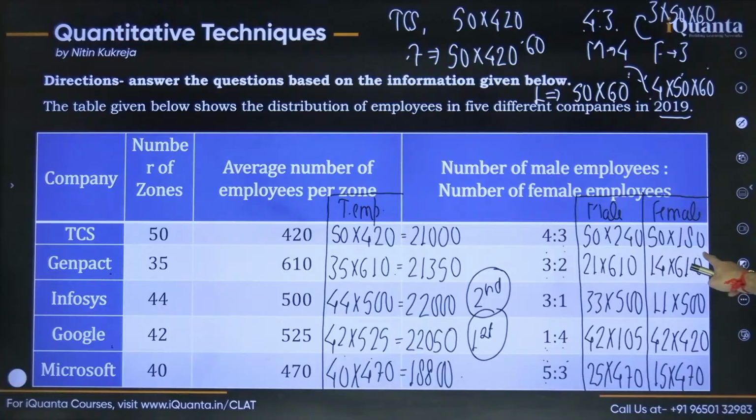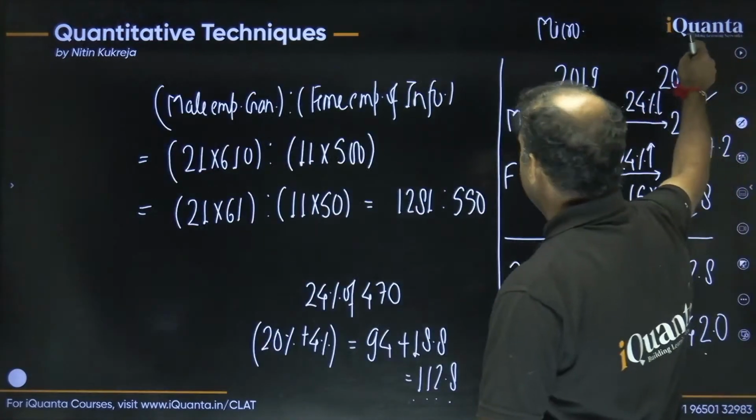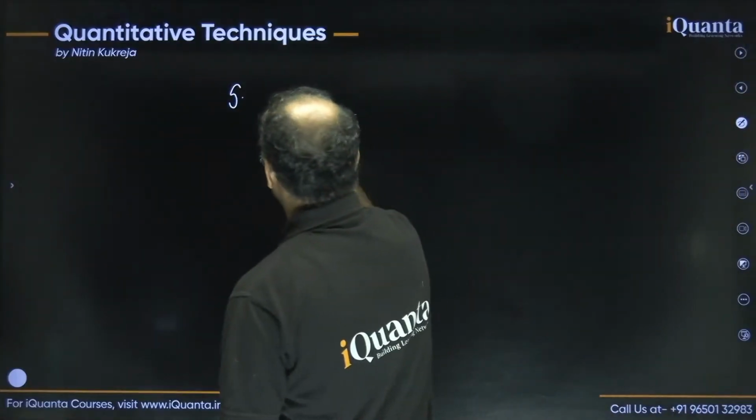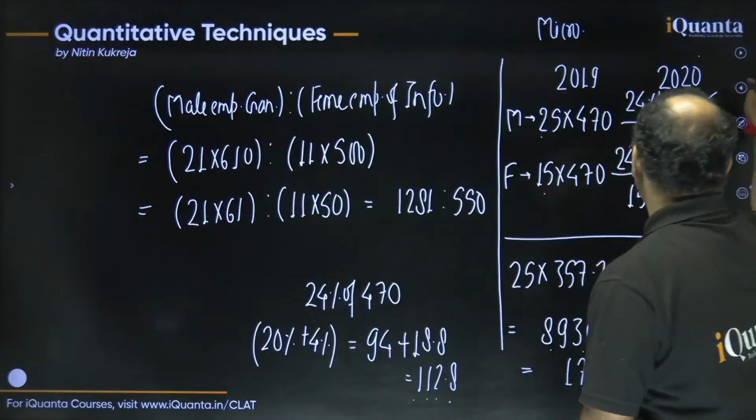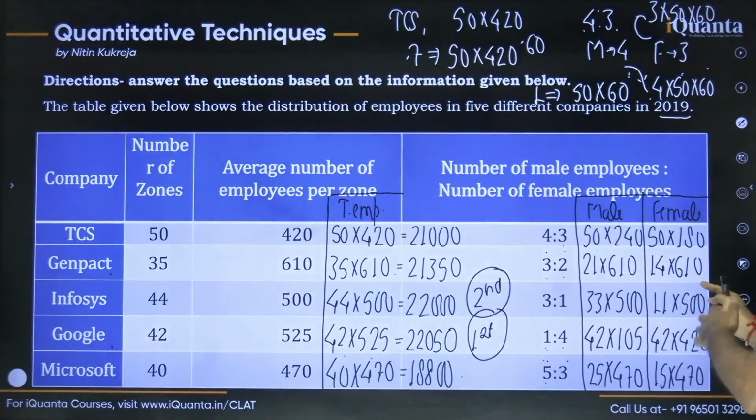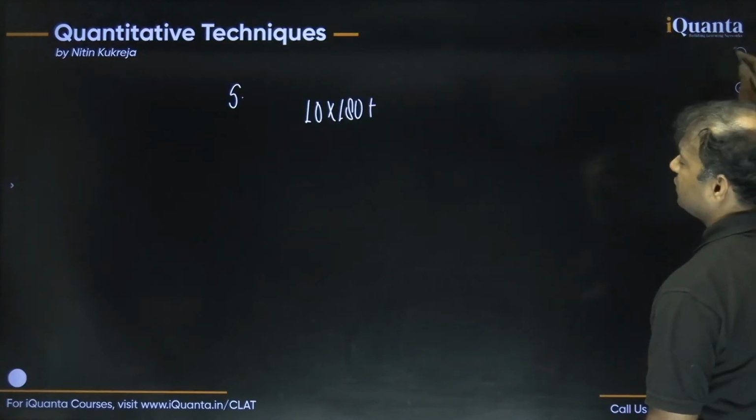So 50 into 180, if you divide 50 by 5, we can say 10 into 180, okay. Then for the next company, 40 into 610, we can divide 610 by 5. 610 by 5 will give us 122, simple. So 14 into 122.